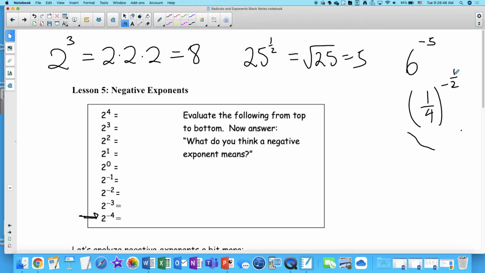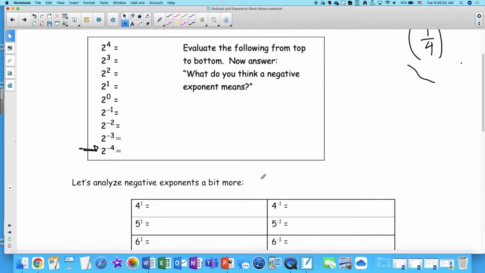Now to start, we are going to do a little bit of an investigation here. So I want to evaluate all of these powers. You should be able to do the first 5. Okay, so if you look at 2 to the 4, what's the value of 2 to the 4? 16. And how do you get the 16?